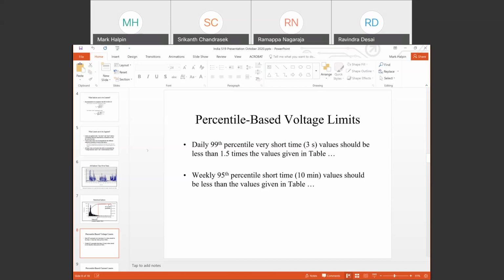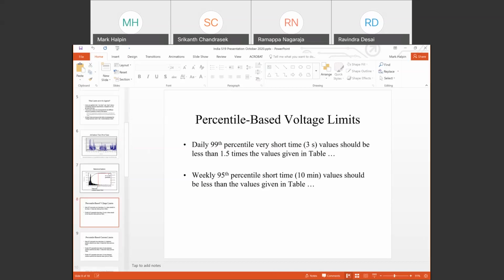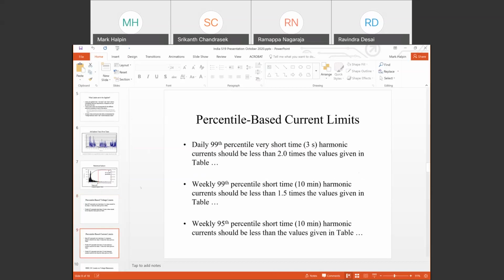That's the responsibility of the supplying utility. What about the responsibility of the end users? Remember, end users are responsible for harmonic currents. And as with the voltage, we use a statistical characterization over both days and also over weeks.